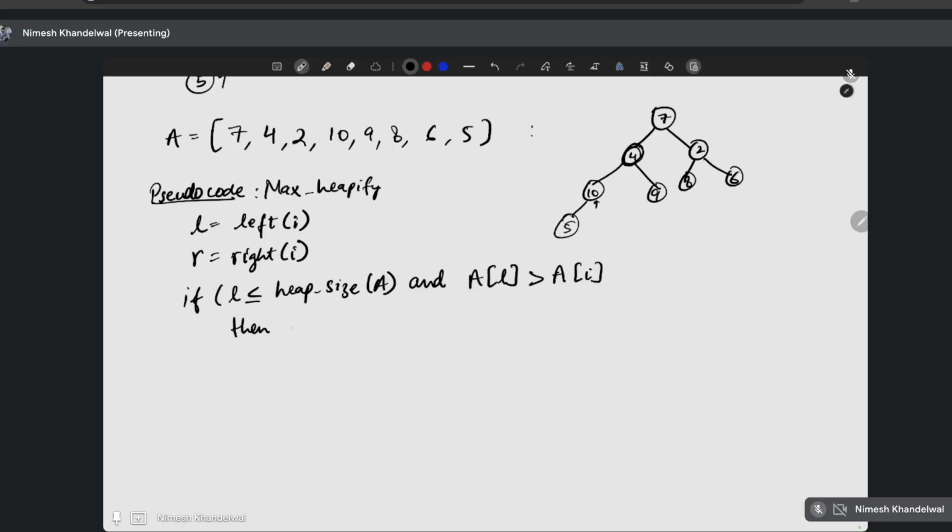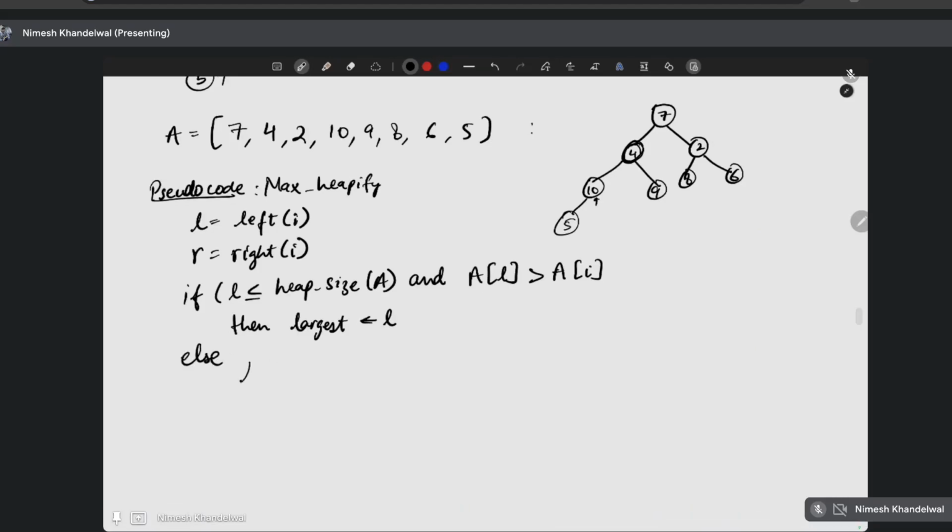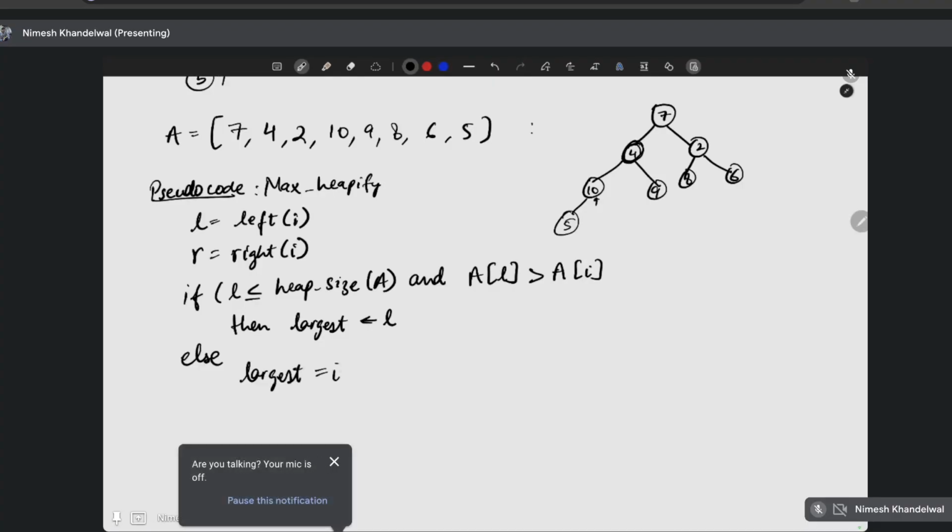Then we define largest as L, else we keep largest as I, right? And then we check for the right child.